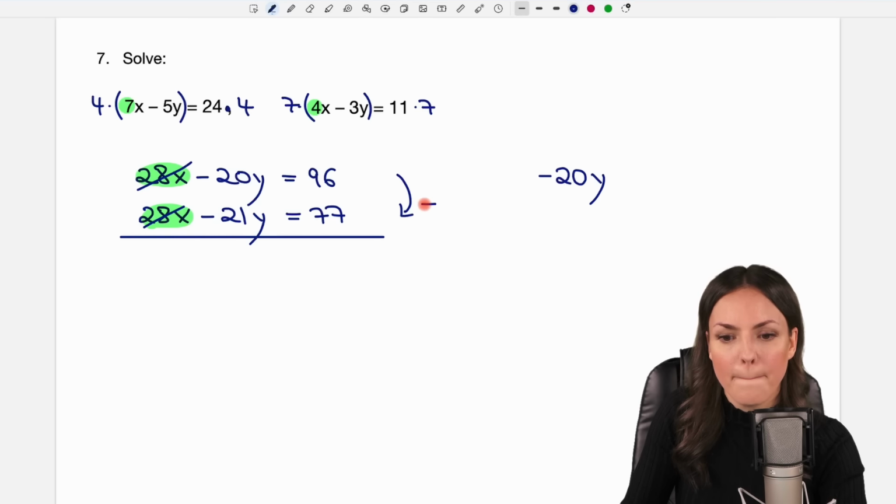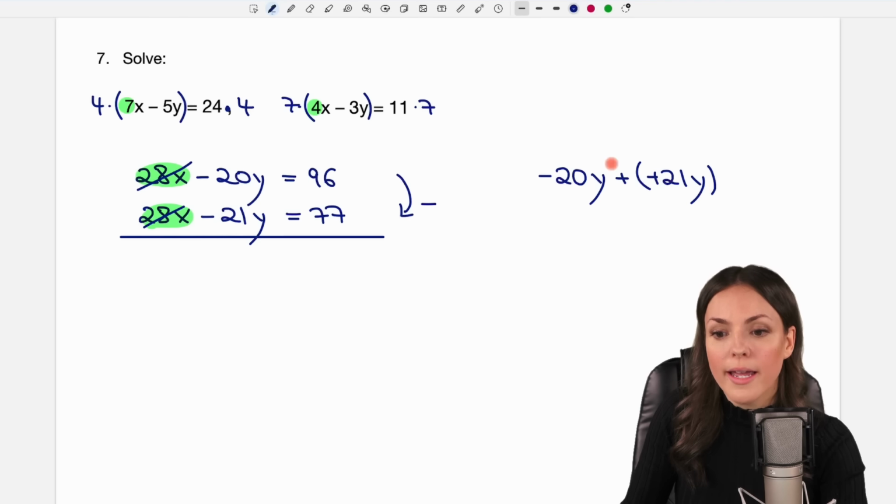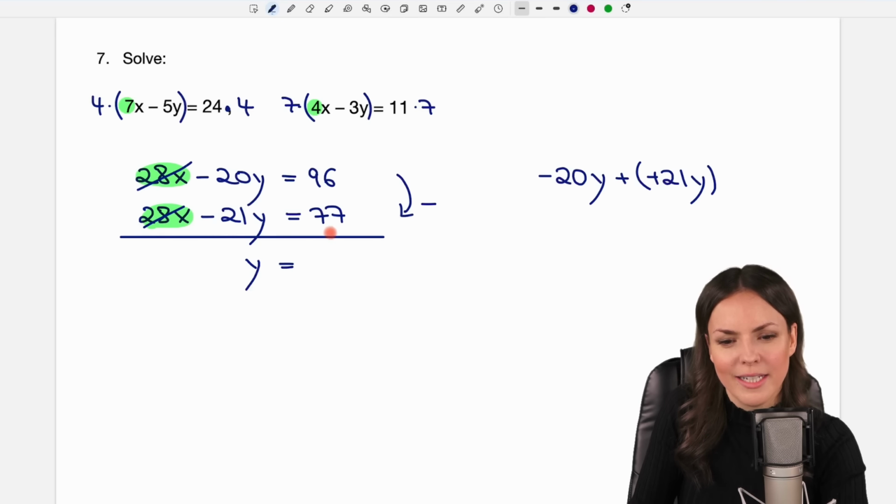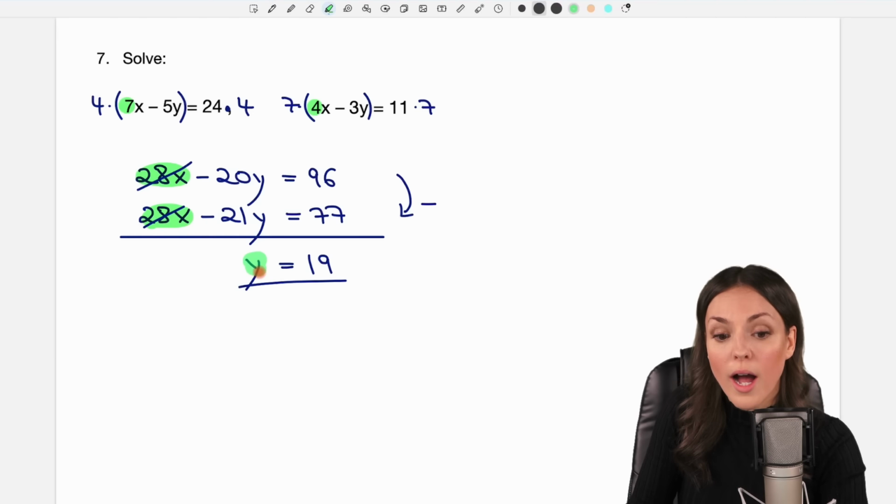Negative 20y minus negative 21y. So I have negative gets positive. So I have 21y minus 20y is just 1y. And on the other side, 96 minus 77 equals 19. So I've already found my value for my y.